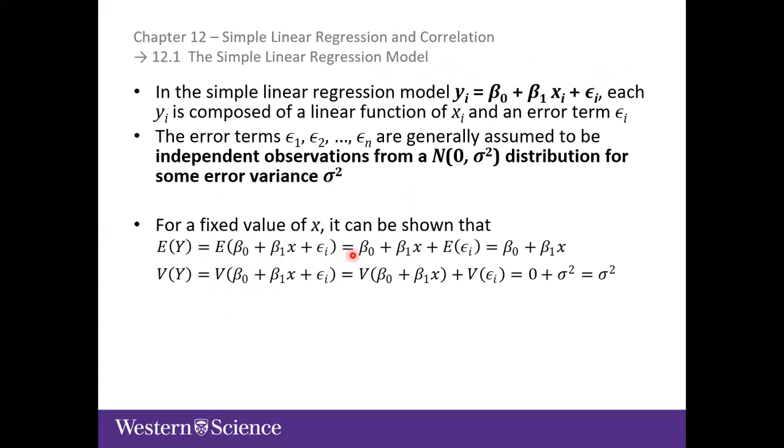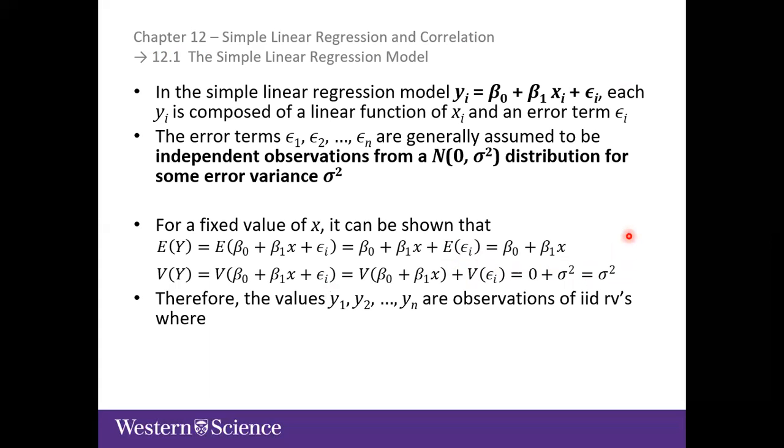The expected value of epsilon is 0, so we can simplify this. And then the variance is the same. The variance of a constant is 0, and the variance of epsilon is sigma square, so we're left with sigma square.